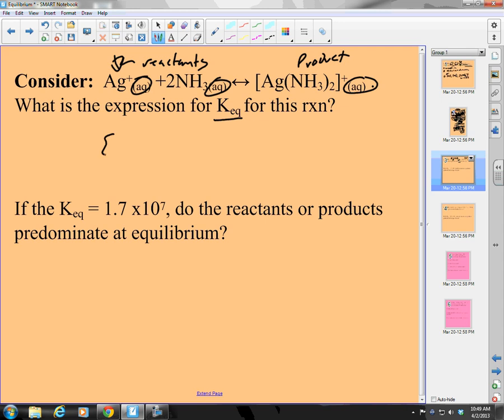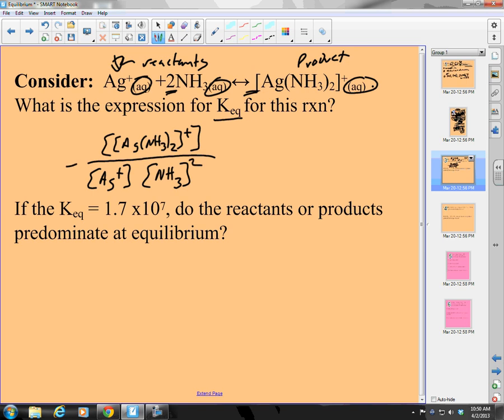So I'm going to take the concentration of my Ag(NH3)2 plus, and whenever I have a complex, they're also in brackets. That's why that's in brackets already. Okay, and what's my coefficient here? It's a 1, so it's raised to the 1, over the concentration of my silver cation times the concentration of my ammonia, what? Squared. There we go.